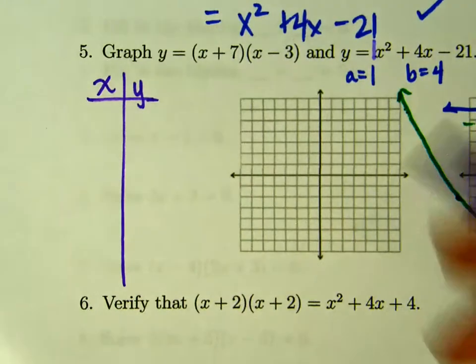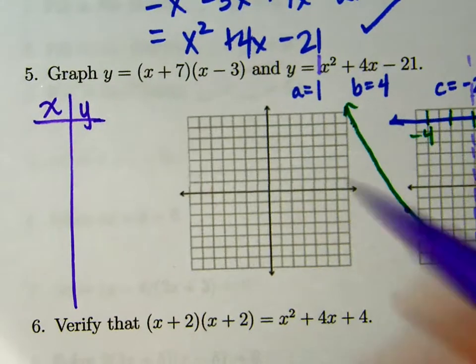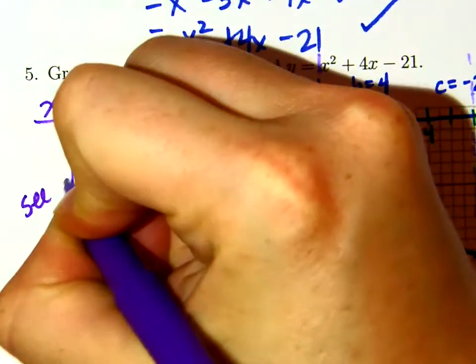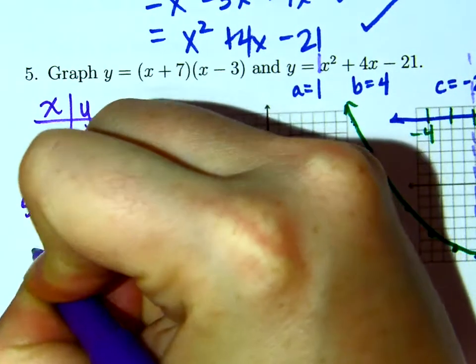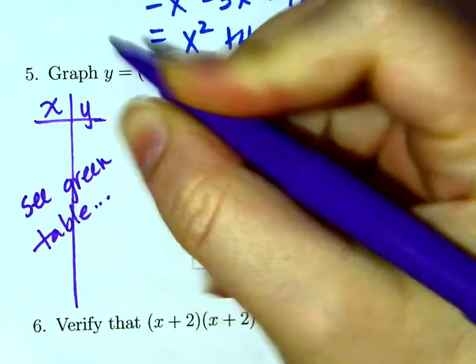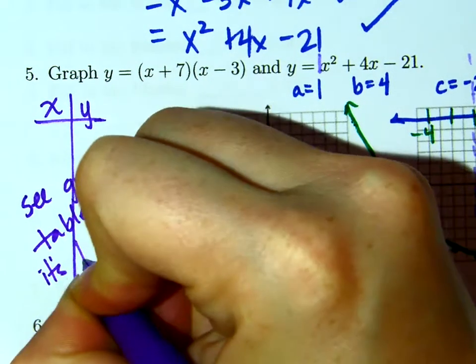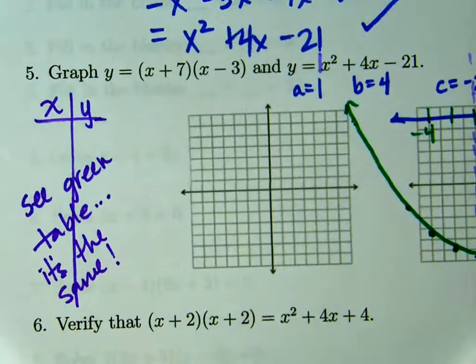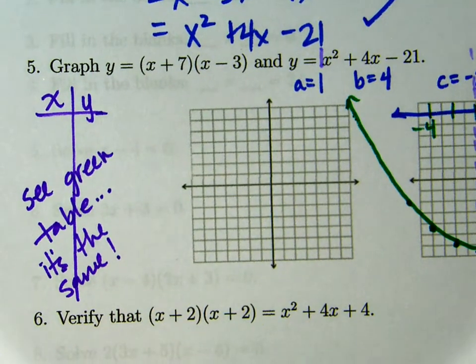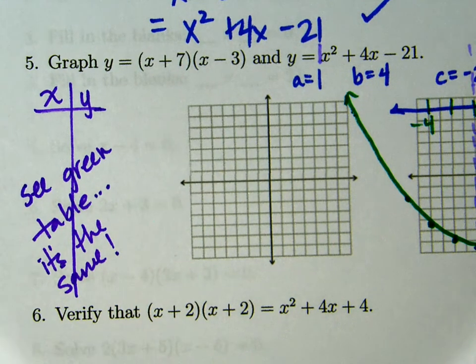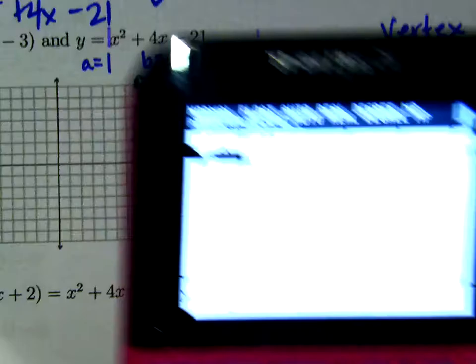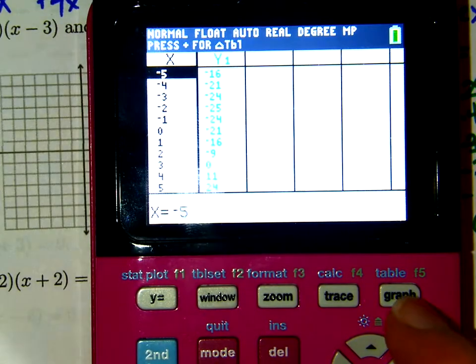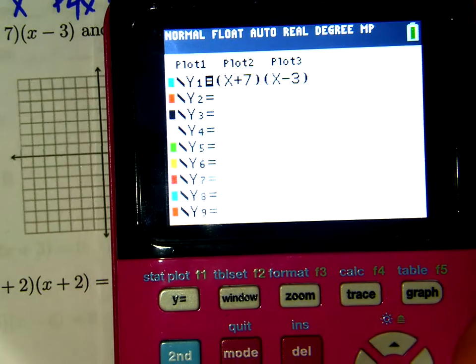Okay, so see green table. It's the same. Yeah? Okay. And then, just to verify this, we're going to go into y equals.